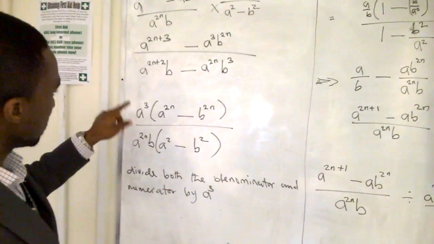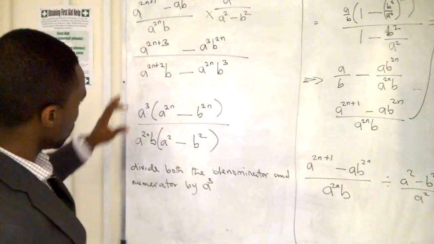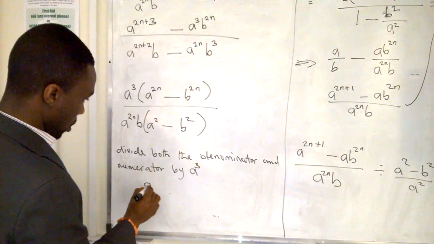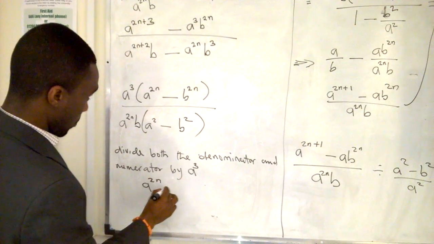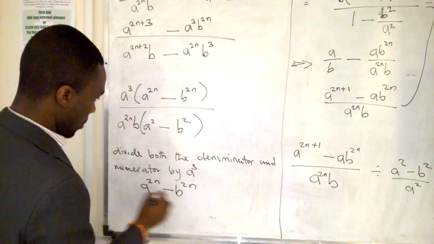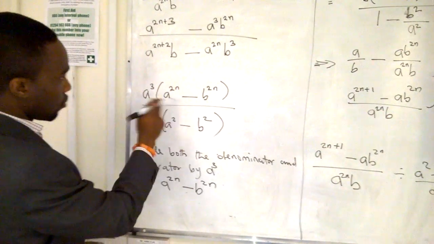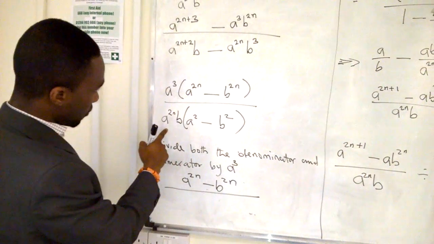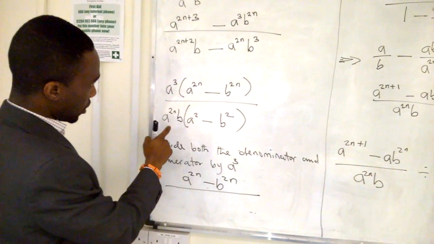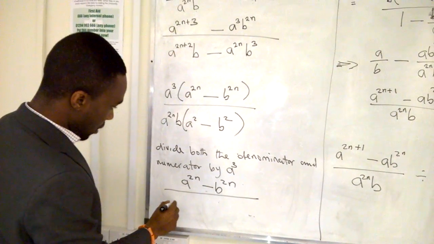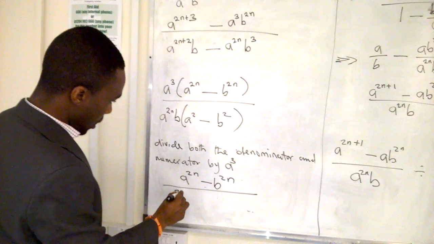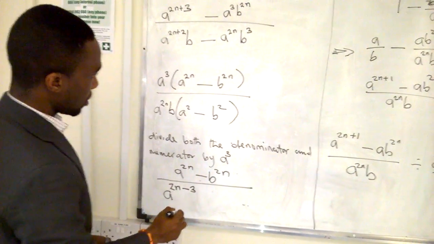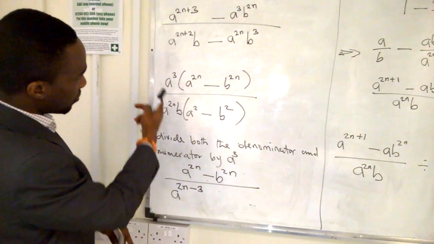If you divide the top with a cubed, what we have left is a squared n minus b squared n, because this will be 1, so 1 multiplied by anything is itself, over, if you divide the bottom by a cubed as well, you will have a squared n minus 3, because you're dividing with a cubed.